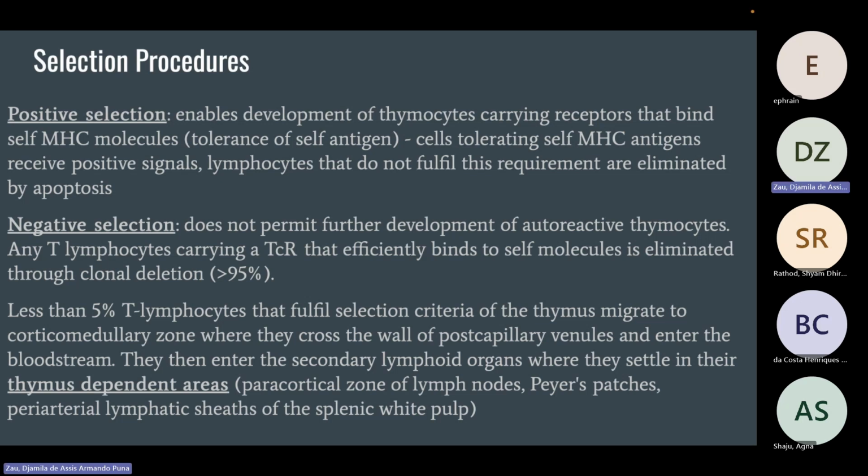So we have the positive selection. The positive selection means that we look at cells that have receptors that can bind to self-MHC molecules. This means that these cells can tolerate our own self-antigens. They will look at our MHC molecules and they will not attack them. Because remember, guys, lymphocytes are there to destroy cells, right?